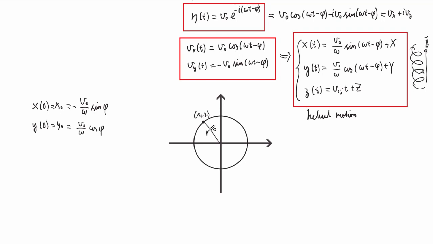This distance here is r. r is v0 over omega, or given that omega, remember, is qB over m, it's v0 m over qB. This is known as the cyclotron radius, for obvious reasons, because it is the radius of the circle in which these particles are moving.